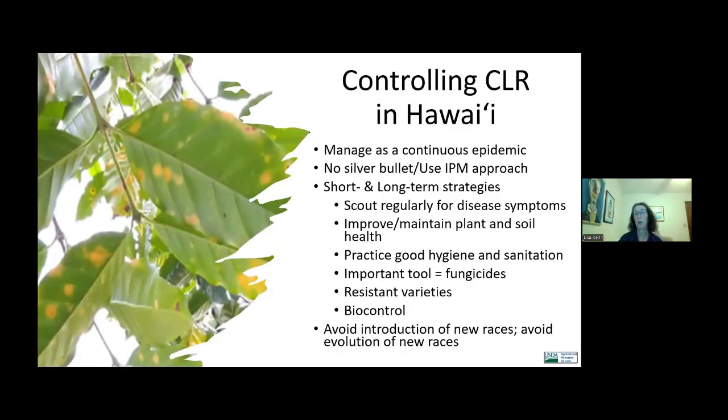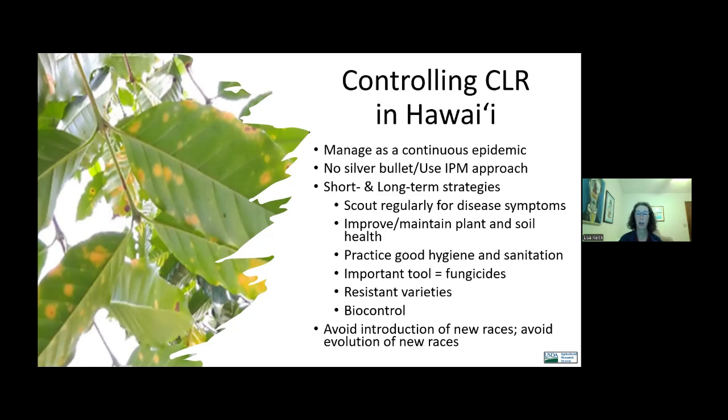So I'm going to end with really just trying to control coffee leaf rust in Hawaii. We're managing it as a continuous epidemic. There is no silver bullet. We have to use an IPM strategy with short-term and long-term strategies, including optimizing plant and soil health, early accurate detection, using the tools we have available, such as fungicides, coppers, some of the biologicals, a translaminar, and we're really hopeful that there are promising results from resistant varieties and potential biocontrol.